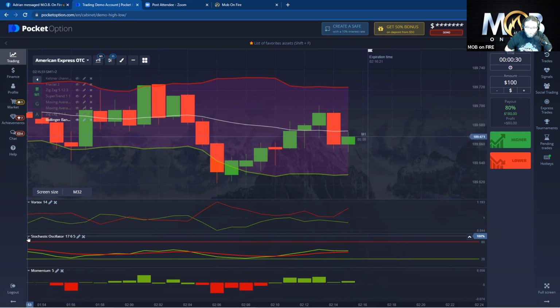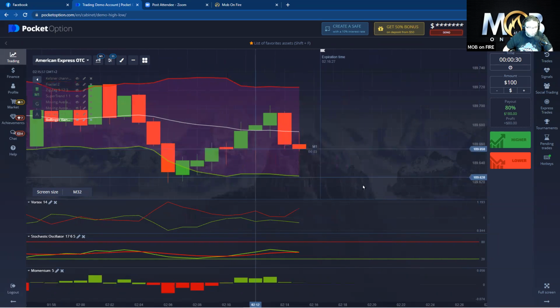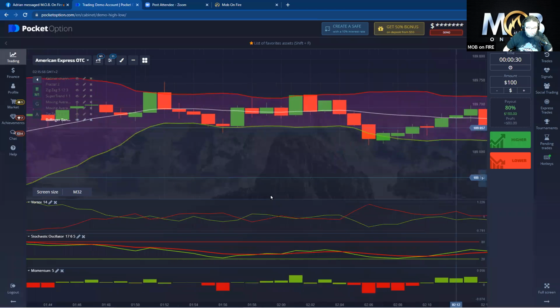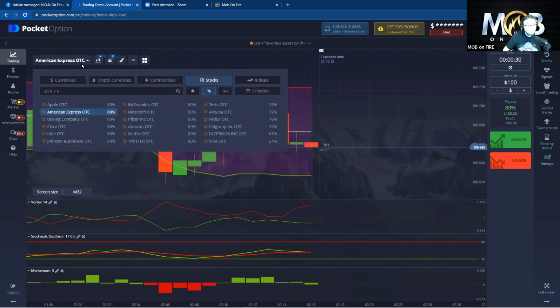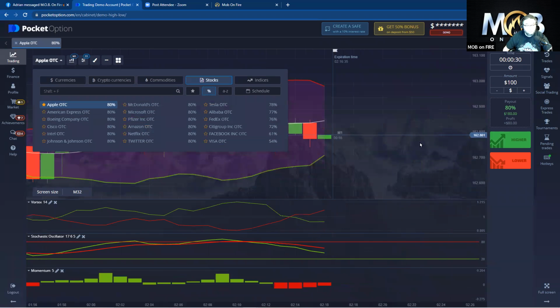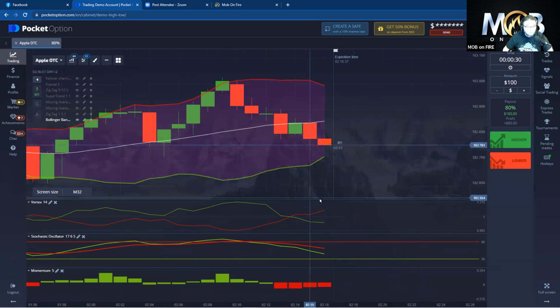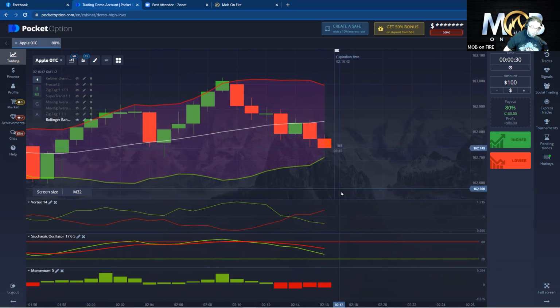So, tongue twister right there. Let me take a look and see if we can find something, because as you can see, this right here has been flat for a while. Everything is at 80%. Here we have something that might have a little bit of interest.